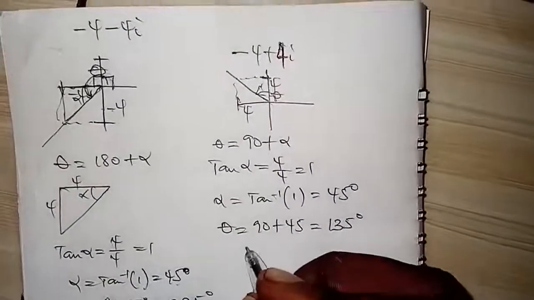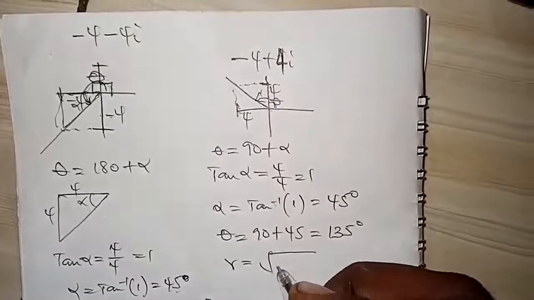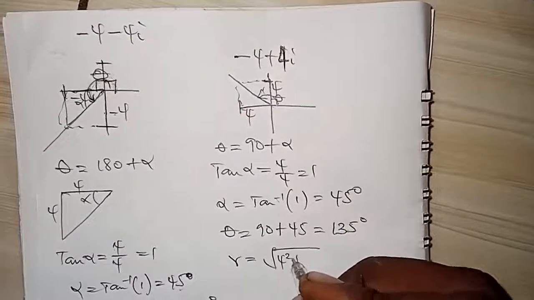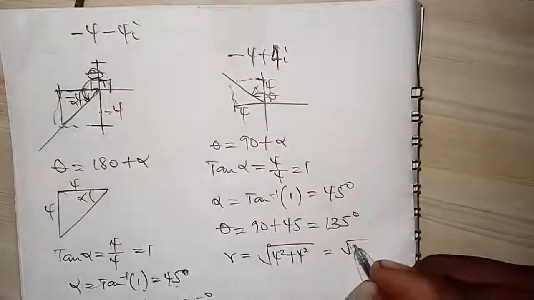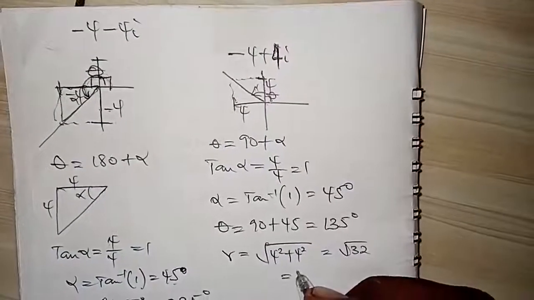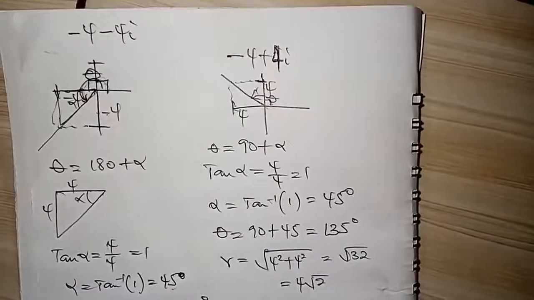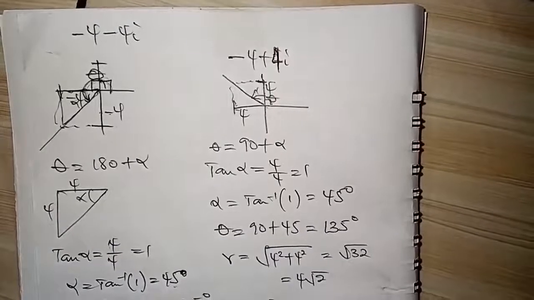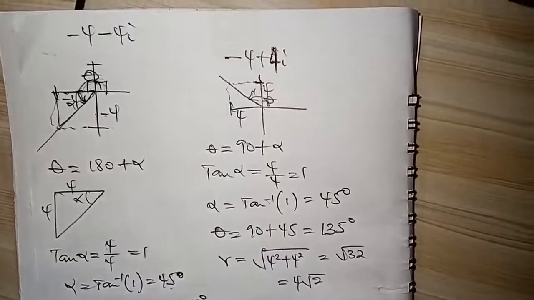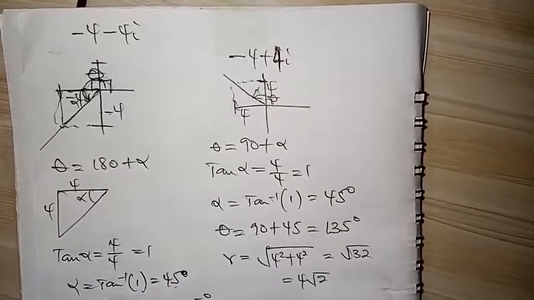The next thing we can do is find our r, the modulus. The modulus is the square root of 4 squared plus 4 squared, which gives us 32, which is 4 root 2. So we can put it as r cis theta, which is 4 root 2 cis 135 degrees.